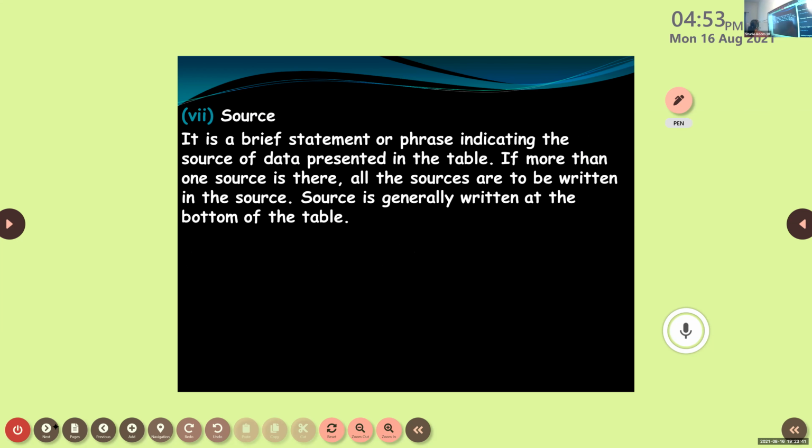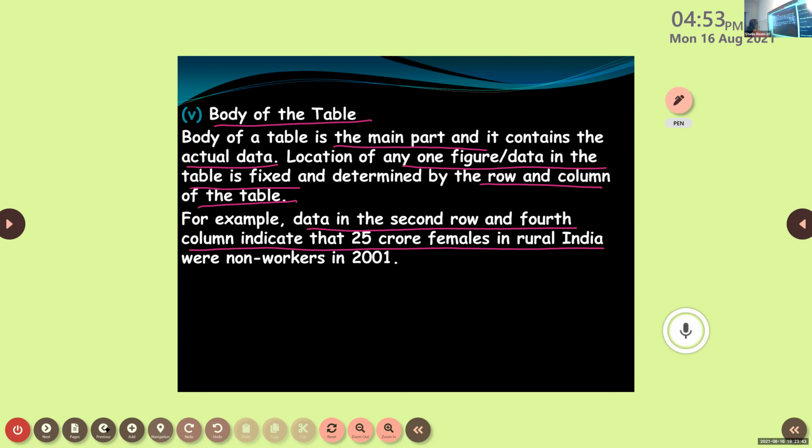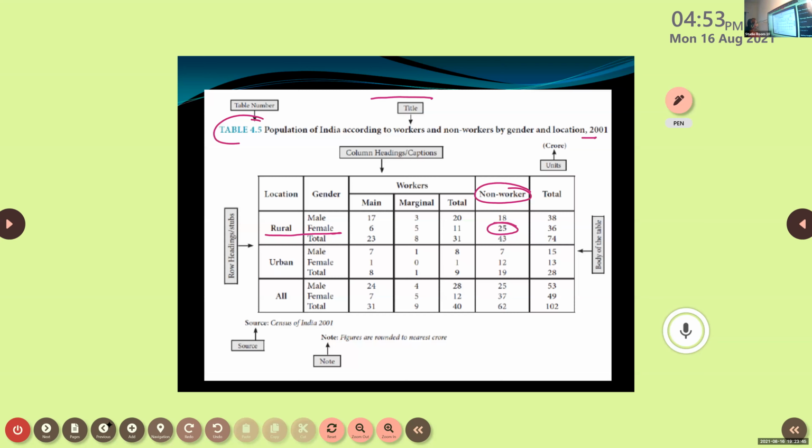So here, let me take that. Yes, where the units are given, you can see along with the title, just below that, they have given it in crores. So it shows that this many crores of people are working or non-working, males and females.